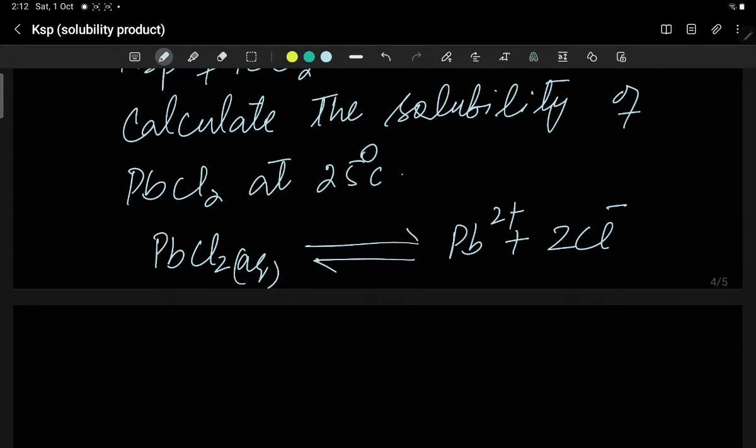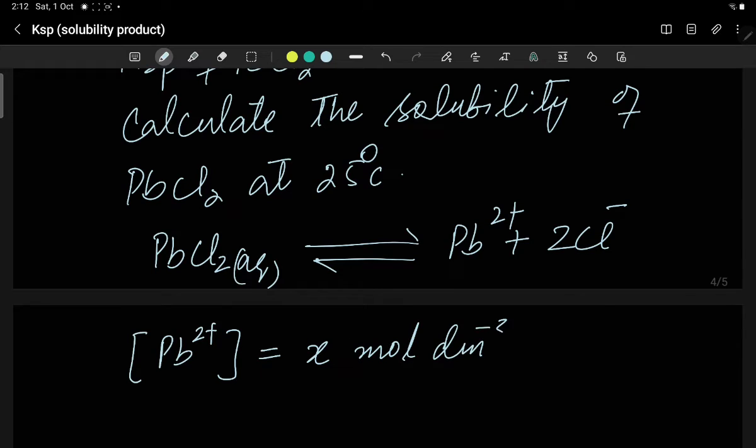Then the concentrations of the two ions in the equilibrium mixture are: the concentration of Pb2+ will be x mole dm inverse cube and chloride ion will be equal to 2x.